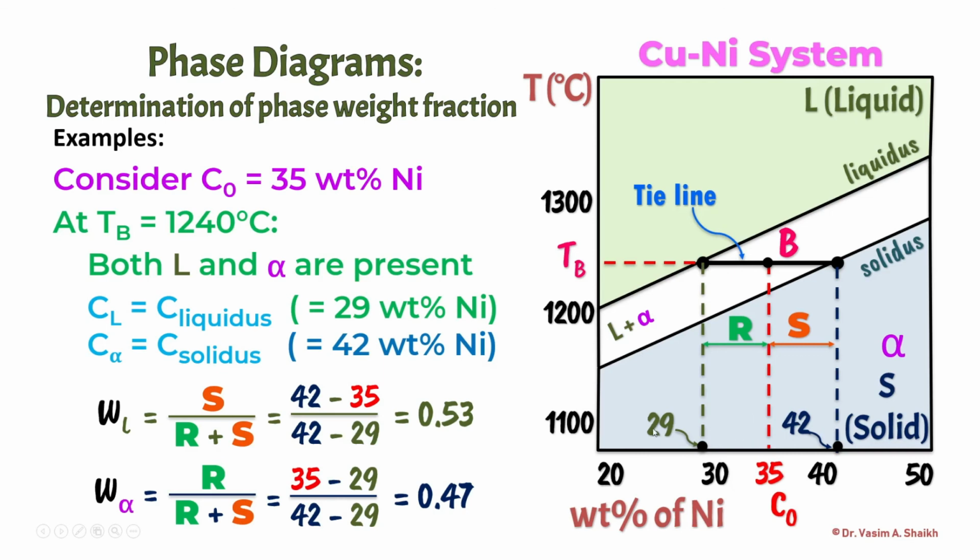We find out the weight fraction of nickel in liquid and alpha, and then with the help of the lever rule we find the weight fraction of liquid and alpha. If we get one answer, we can subtract it from 1 to get the other, or we can do the calculation. So 53% of liquid and 47% of alpha is present at point B.